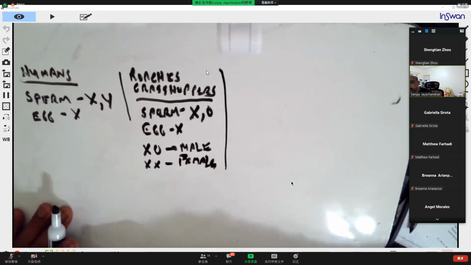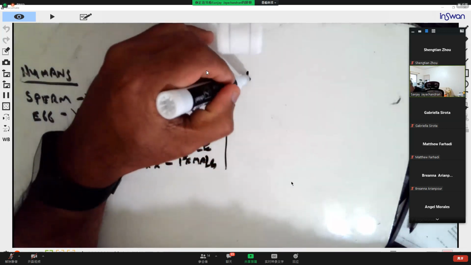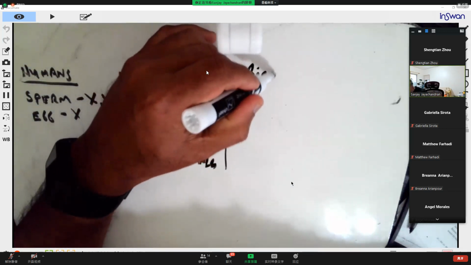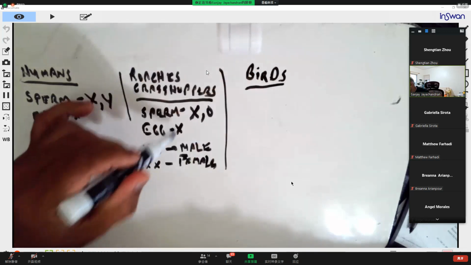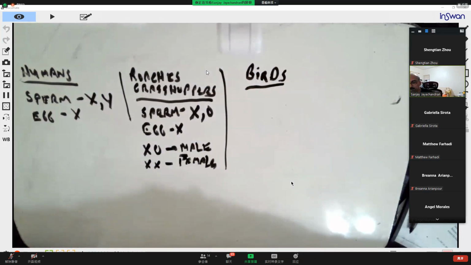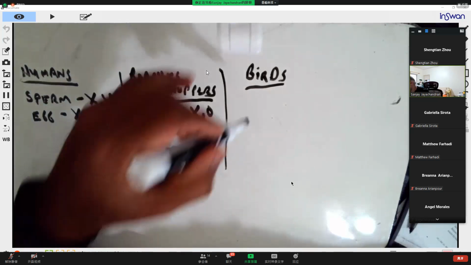Now, birds. I'm going to change the lettering of X's and Y's. I'm going to use a different letter system for sex chromosomes because birds operate a little bit differently. We're going to use the letters Z and W. For birds, the egg determines the sex, right?